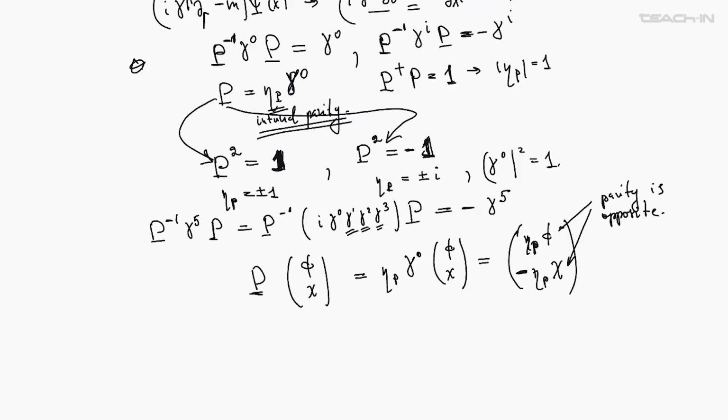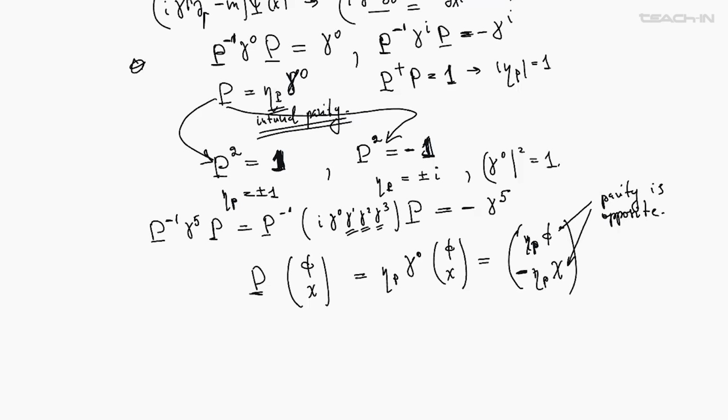What matters is that you pick it once for all the spinors. So you can fix this number eta p to be one and the same for all the spinors. And then it will be a consistent choice for your theory.